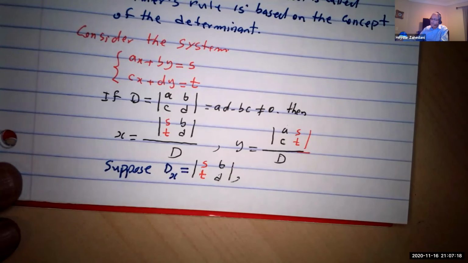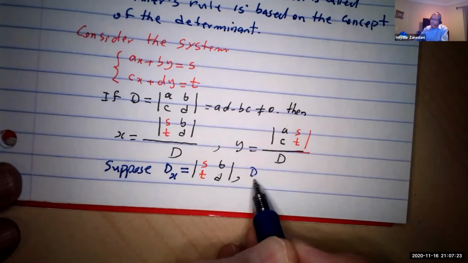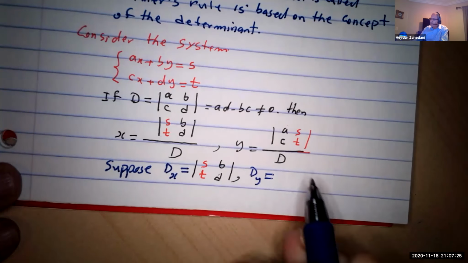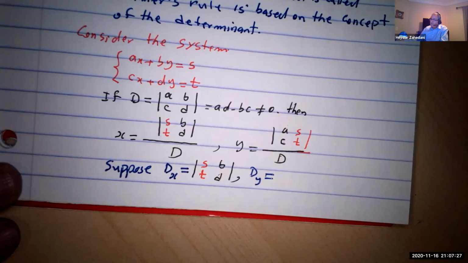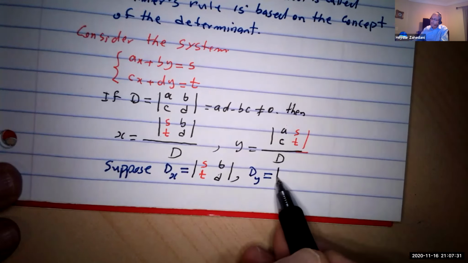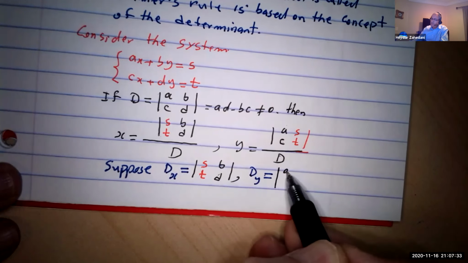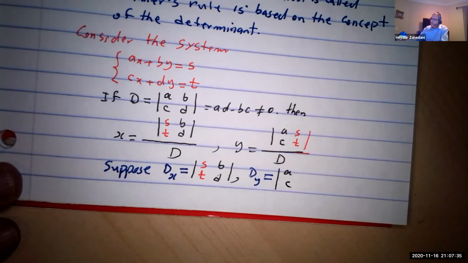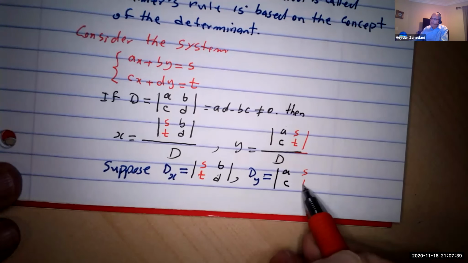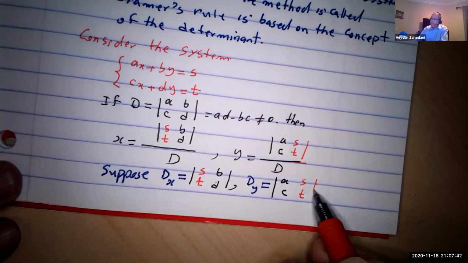And we are going to have a similar one. We call the second one Dy. So what is Dy? Dy is that matrix determinant. The first row is going to be a and c, but the y column would be changed to s and t.